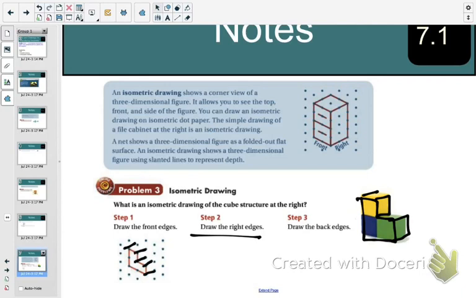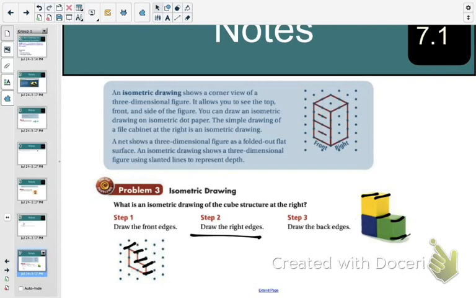They shall be parallel. Connect them all. Okay, actually I jumped ahead, but the right edges are basically all of those that are going out to the right. So right edges are talking about here, here, here, here, and here. So that's what I've done.